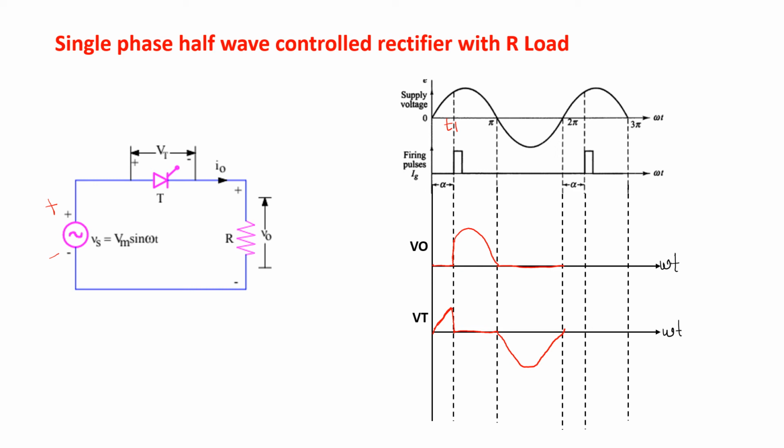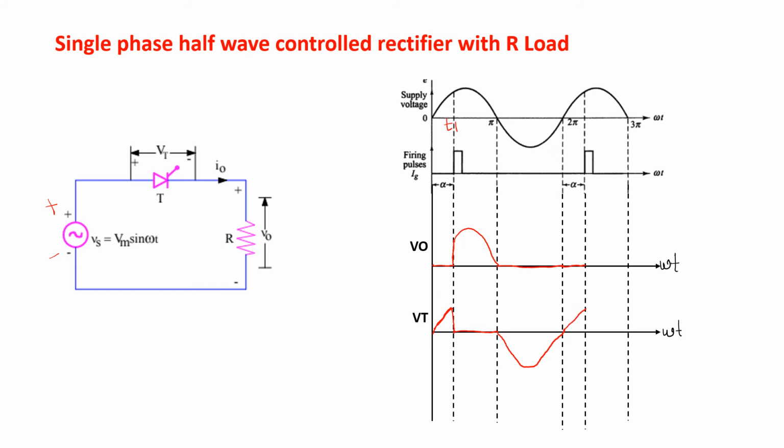Only when we apply the gate pulse will it start to conduct. When it is in the off state, it acts as an open switch. No current will flow through the circuit and we get 0 output voltage. The SCR in the off state offers very high resistance, and because of that the voltage across it is maximum, approximately equal to the supply voltage.